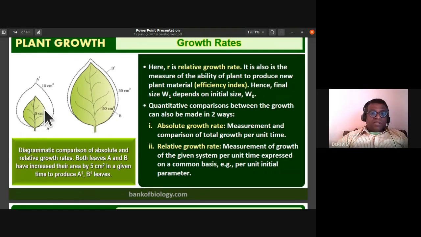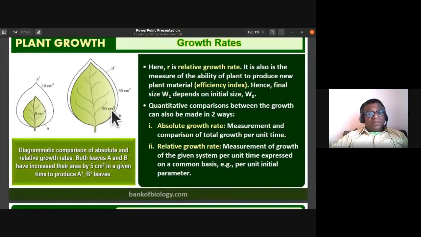The 5 centimeter square leaf has undergone an increase in its area by another 5 centimeter square. So they have reached 10 centimeter square in case of leaf A. The initial area was A, and after the increase in area, we call it A1 and B1 leaves.